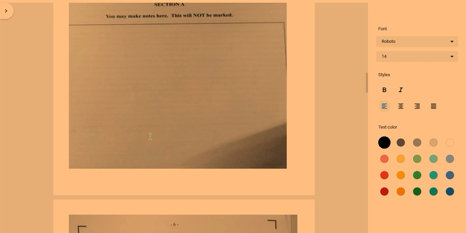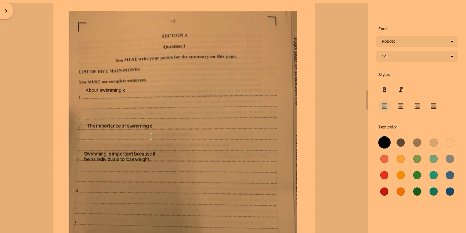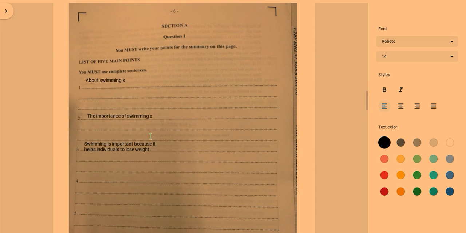After this, you state 5 main points discussed in the passage. Obviously, you need to use as much as possible your own words. These 5 main points, finally, must be used to write your summary. And as I stated, you need to include as well other relevant details mentioned in the passage.